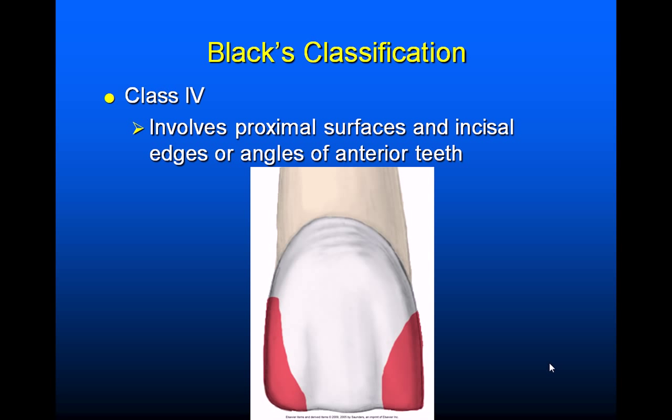So here that area is shown in red. You can see it is much larger than just a mesial or distal side. It includes the incisal edge, which is the biting or cutting edge of the anterior teeth.